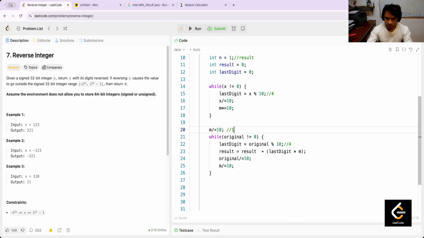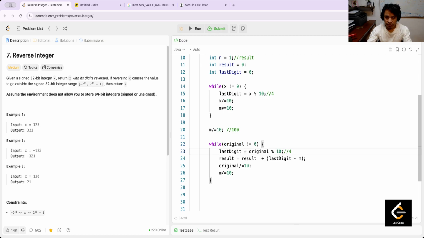Now, for example, here I have 100. Now the original number is different from zero. Last digit is equal to original number modulo 10. Now this digit is multiplied by m, that in this case is 100. Final divided by this. Okay, I think that the conditional is here.